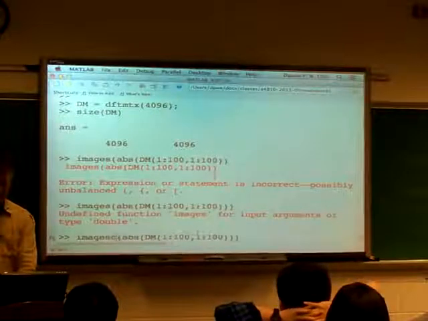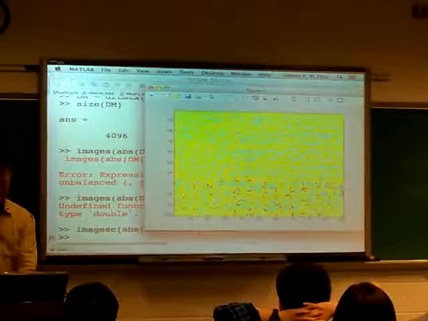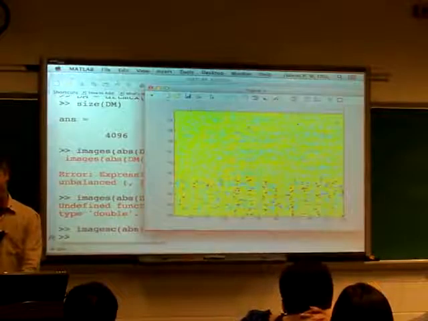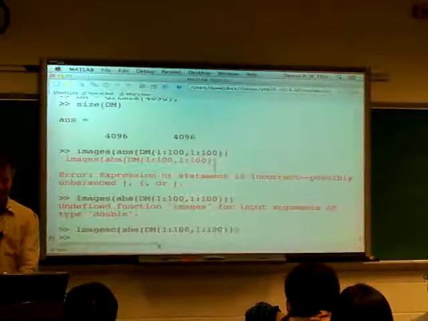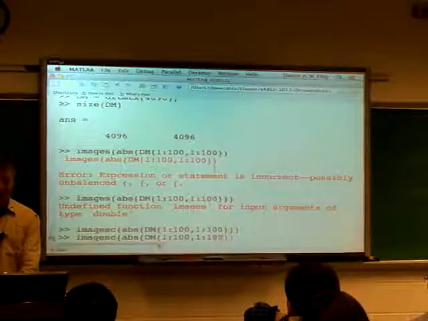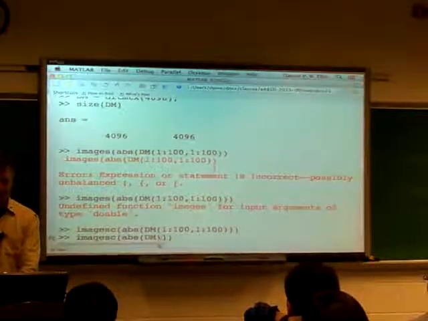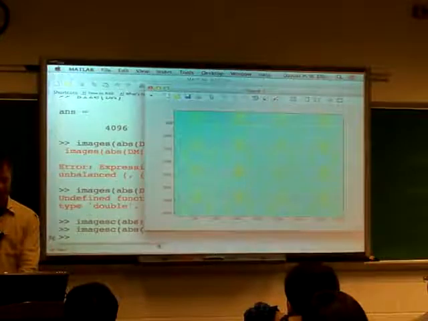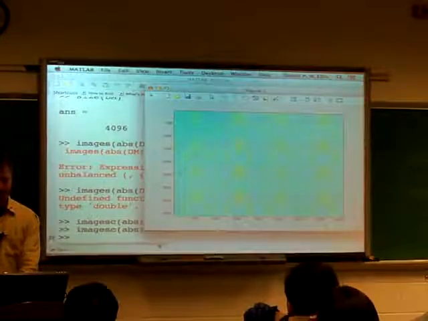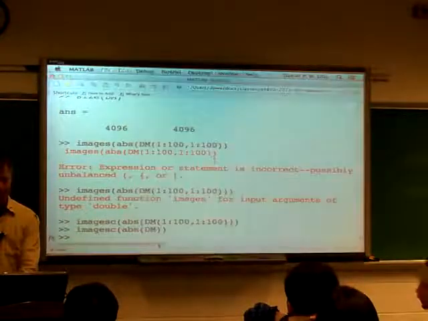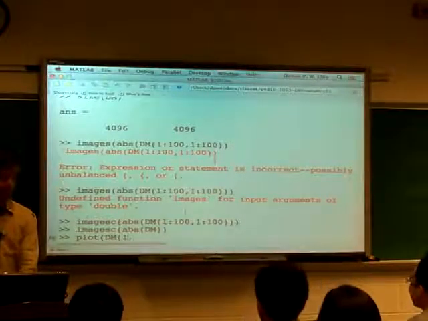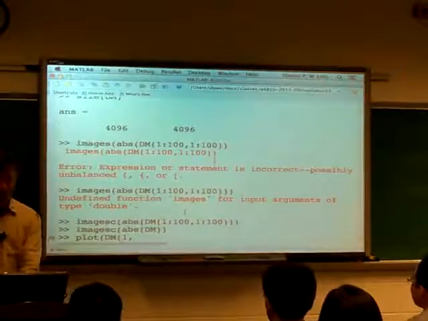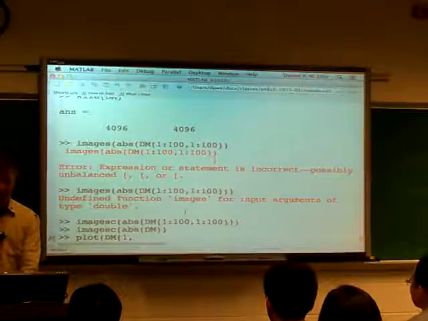Image SC. That's interesting. That doesn't look very good. What if I do the whole thing? Why did that happen? Each row of dm is basically the sinusoidal bases.